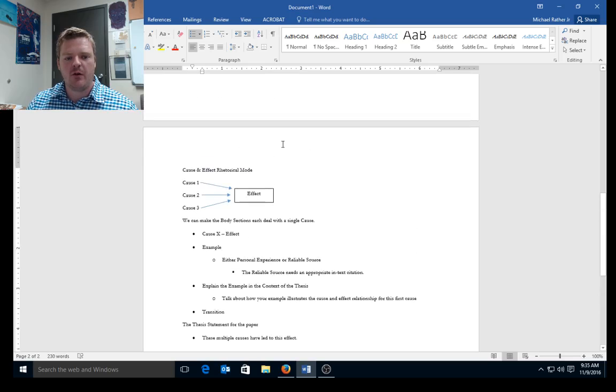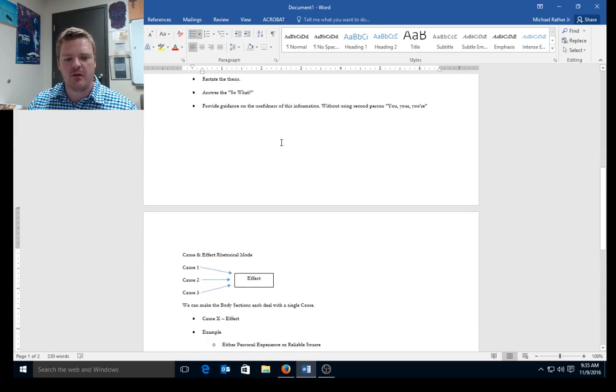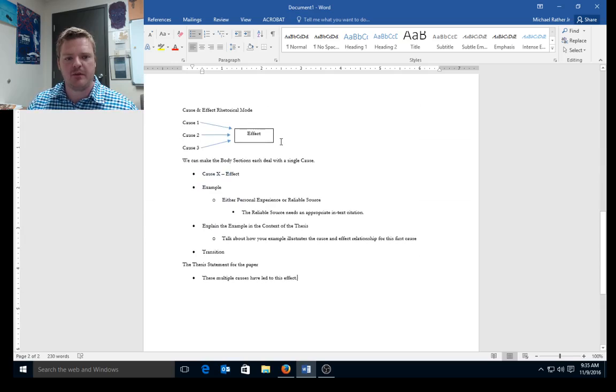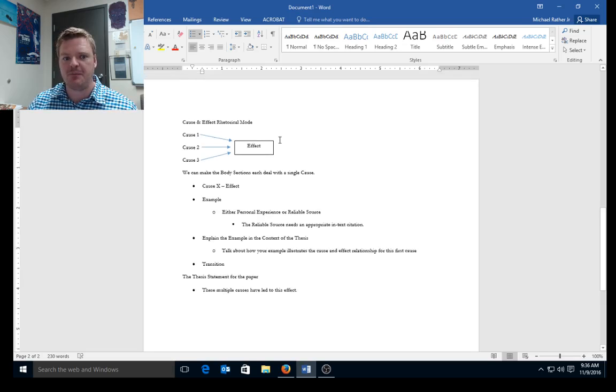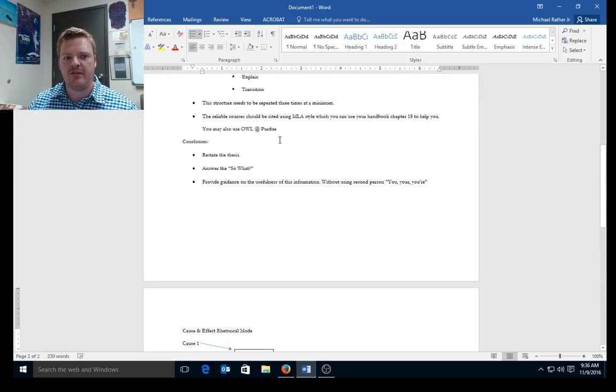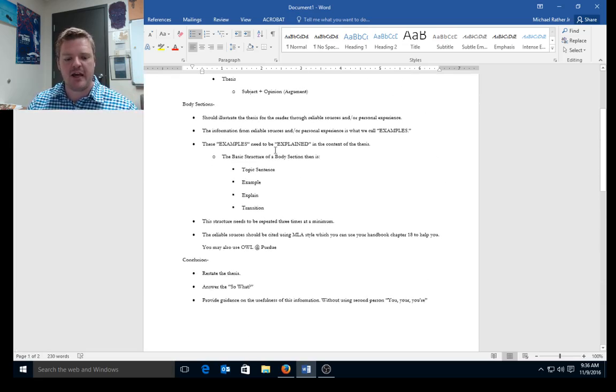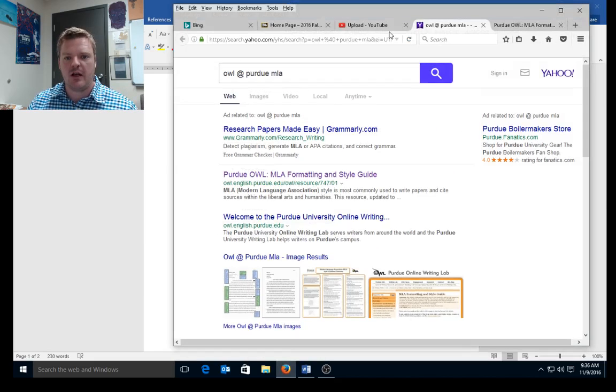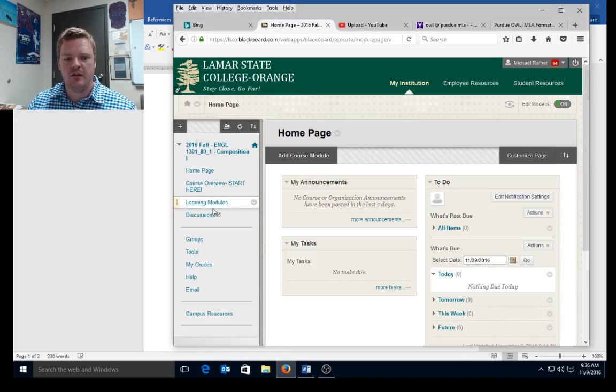Okay, so this is the cause and effect rhetorical mode. It's pretty simple, it's pretty basic, but it does require extensive research. Now, in the essay description, I have some guidelines where I'm describing the research requirements.